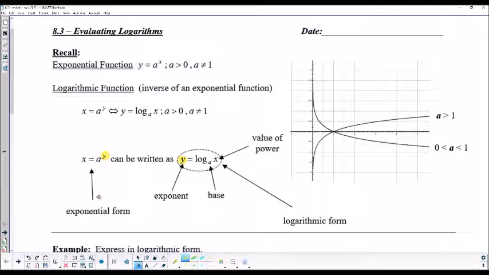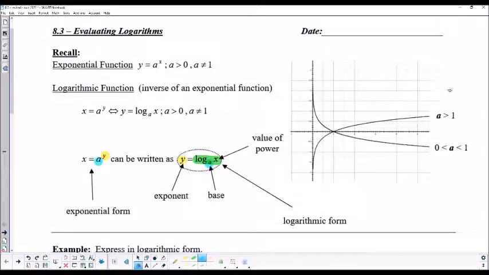If y is the exponent in the exponential form, then it is the same exponent in the logarithmic form, which means that the logarithm itself is the exponent. So when you evaluate a logarithm, you're actually finding the exponent. And a is the base in both forms.